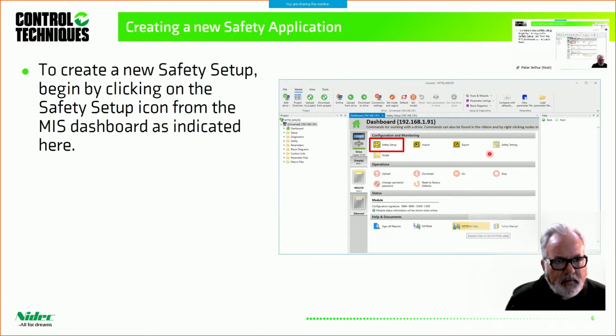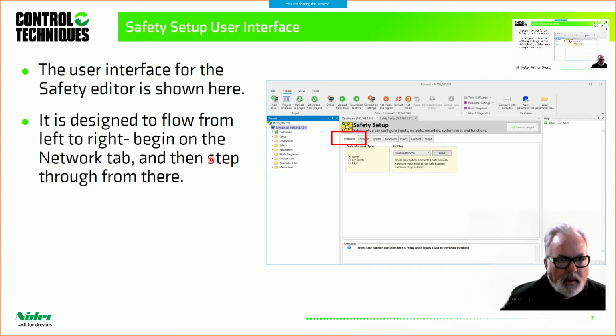To create a new safety setup, you begin by clicking on the safety setup icon from the MIS dashboard that you see here. So I would click on the safety setup over here. And here is what the user interface for the safety editor looks like.